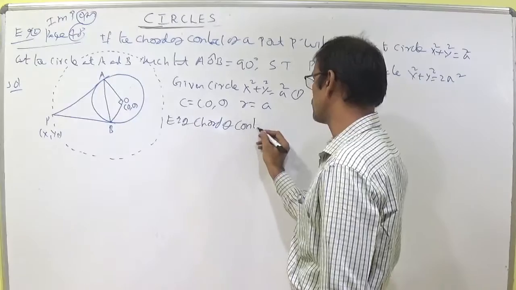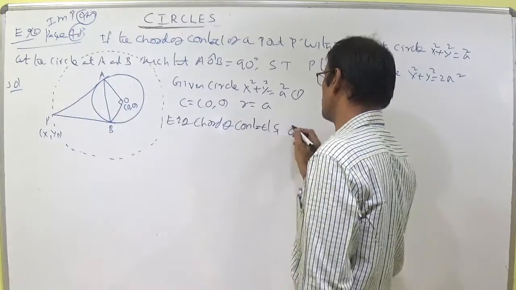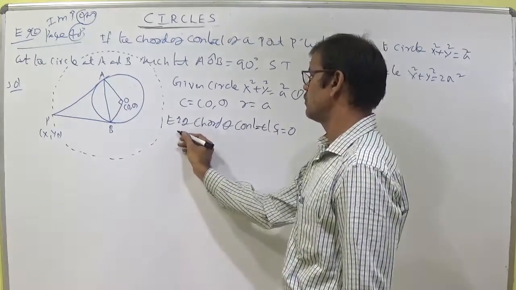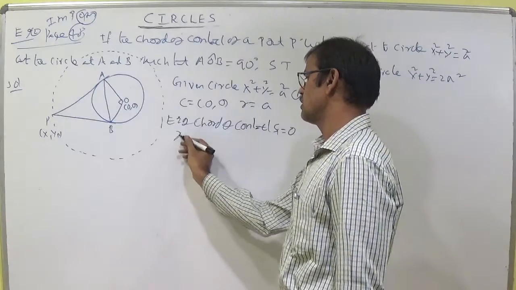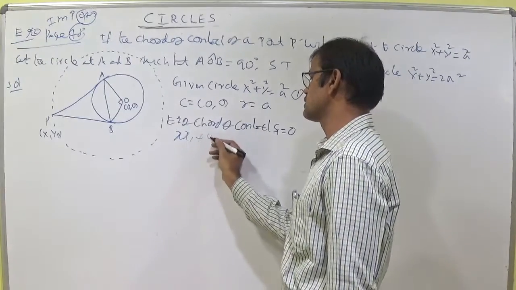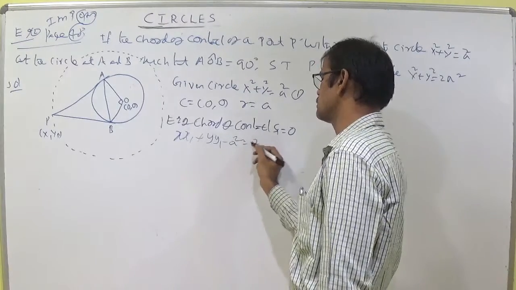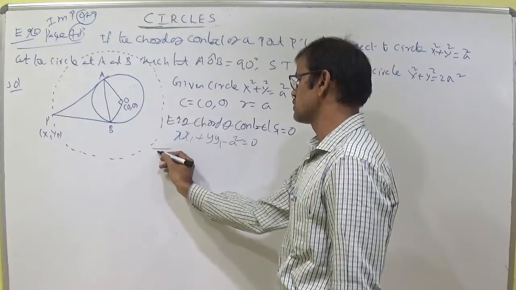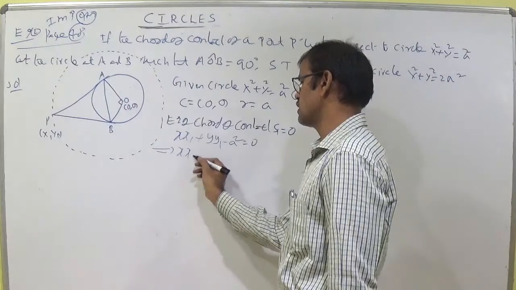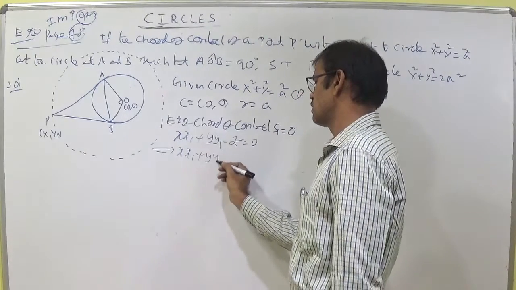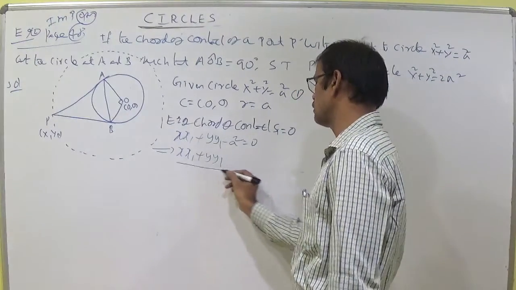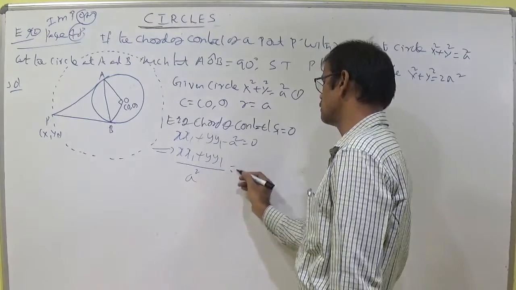Equation of the chord of contact, formula S1 equal to 0 for this circle: xx1 plus yy1 minus a square equal to 0. That implies xx1 plus yy1 whole by a square is equal to 1.